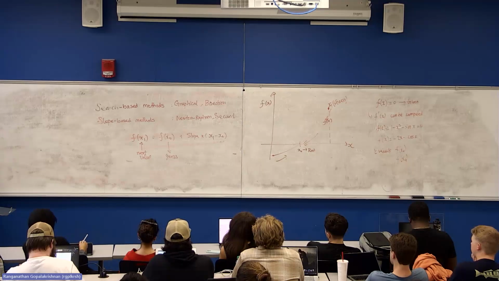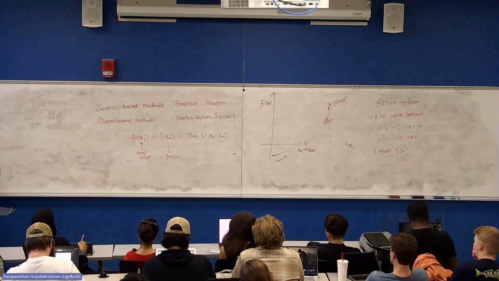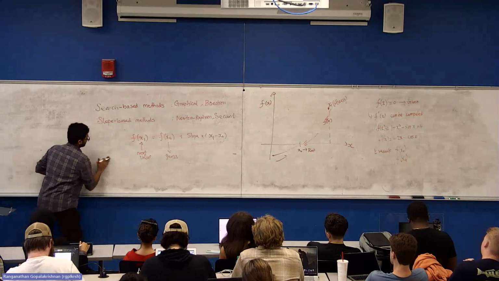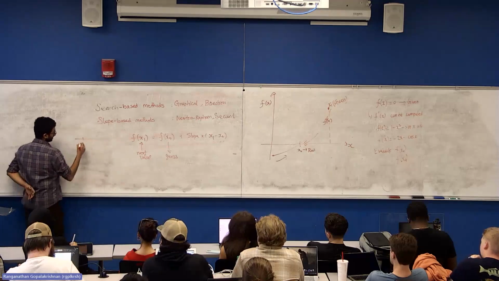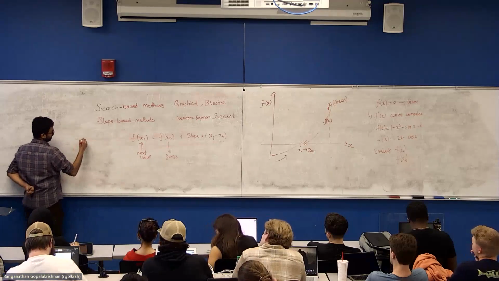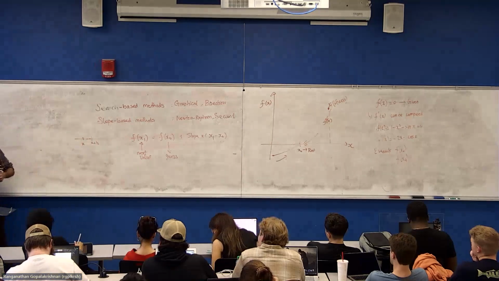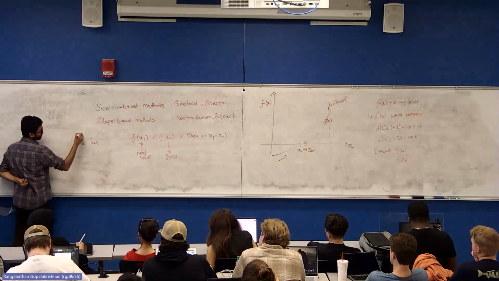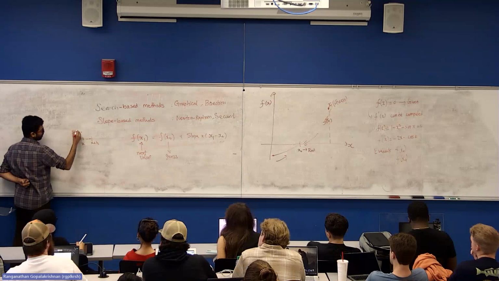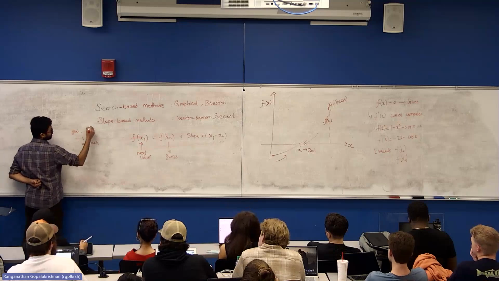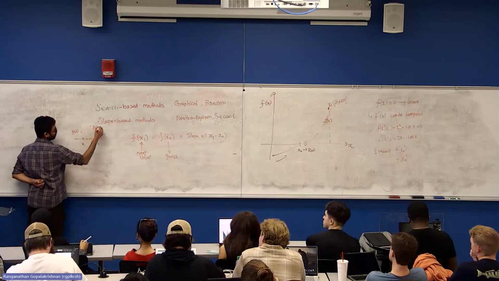We saw Taylor series in your prerequisite quiz, right? What is Taylor series? If you have a point, let's say this is x, and you consider a neighboring point, we'll call it x plus h. At x, the value of the function is y of x. At x plus h, the value of the function is y of x plus h.